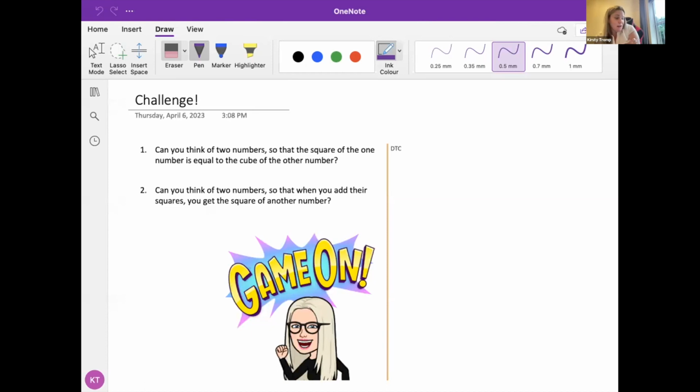Can you think of 2 numbers so that the square of the one number is equal to the cube of the other number? Let's hear it. What's your answer? Ma'am, my answer is 100. 100, okay. So tell me how is the square of 100 equal to the cube of something else?